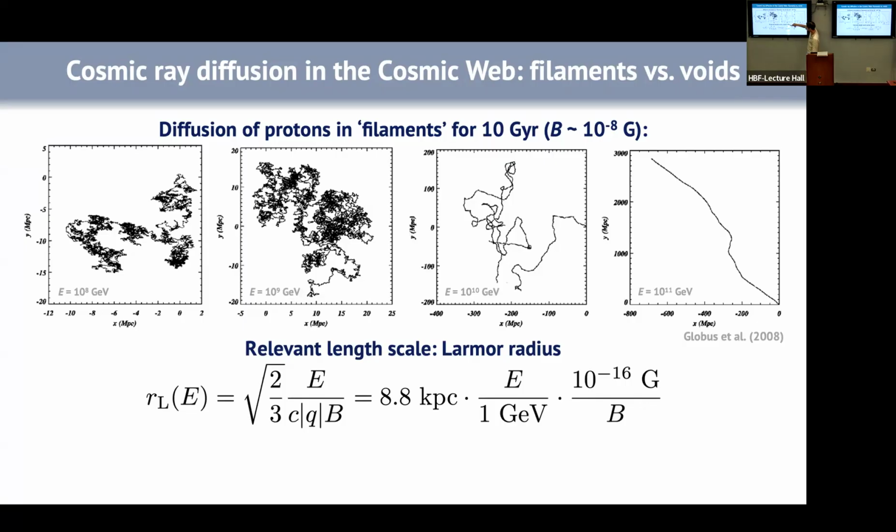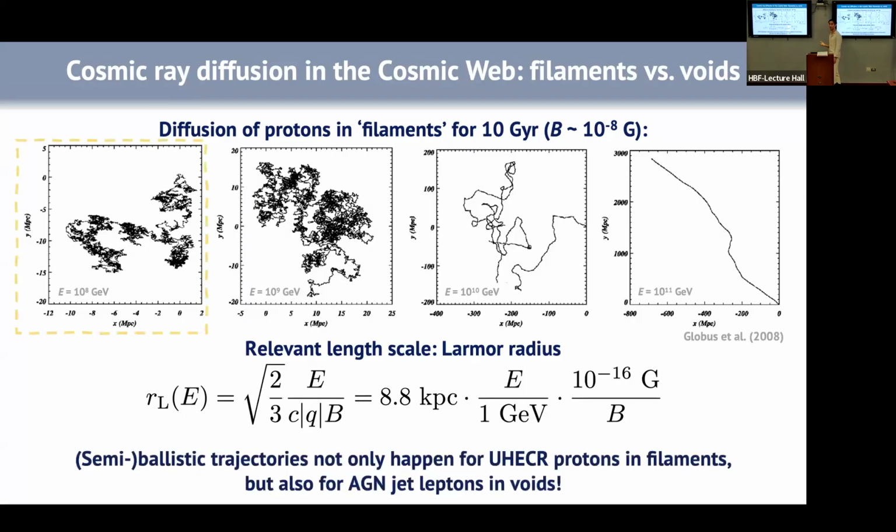And what's actually important is the ratio between the energy of the particle and the local field strength. And the fun thing is that if you look, instead of at an ultra high energy proton in a filament, at an AGN electron in a void, then you have the same ratio between the particle energy and the field, and you're in that regime, which means that an AGN electron in a void would actually move on the order of 10 megaparsecs or so in a Hubble time.